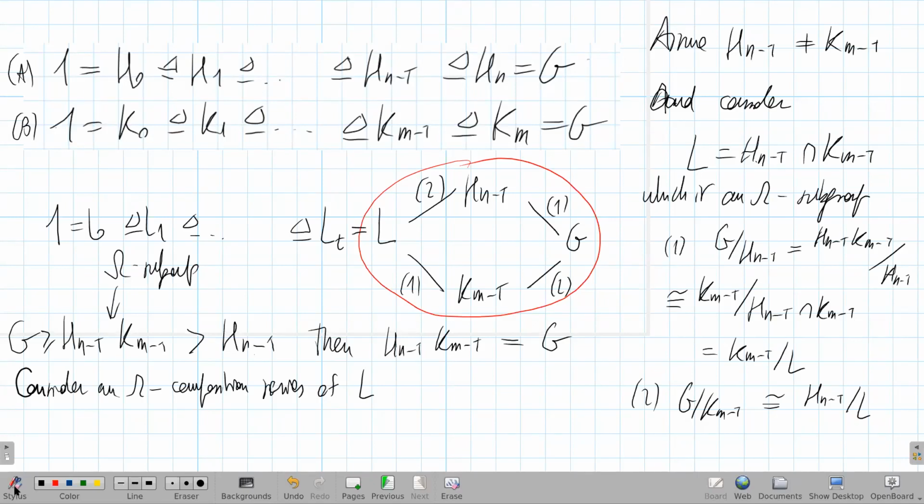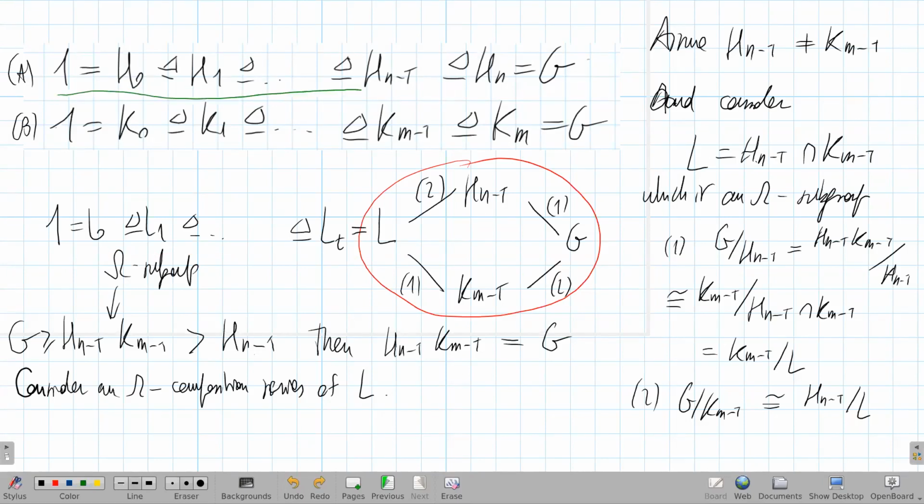Okay, so consider an omega composition series of L. This is slightly cumbersome to write, but I'll write it down. On Hn minus 1, you have two omega composition series. One is this one, and the other is this one. Let's use another color, let's take green.